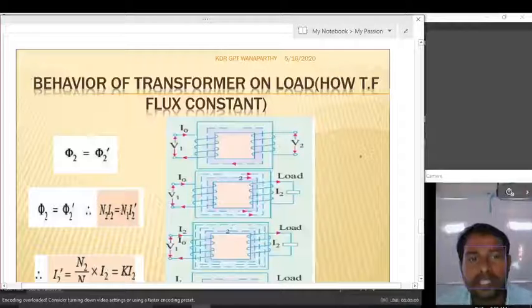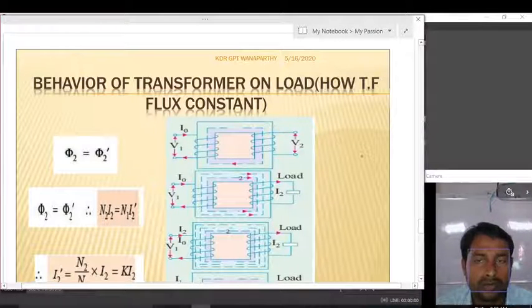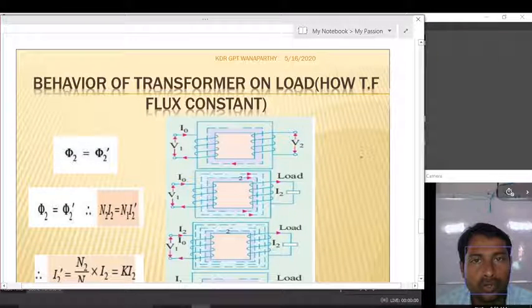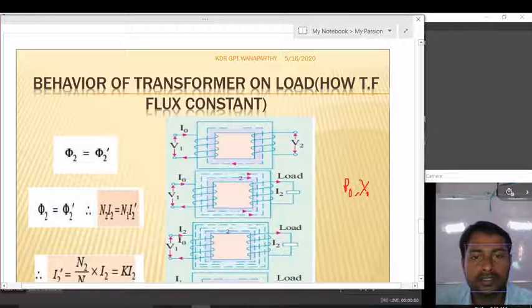The behavior of the transformer on load. In the previous session I discussed the behavior of the transformer on no load, the no load vector diagram, the no load equivalent circuit of a transformer, and the no load resistance and no load reactance, R naught, X naught, everything I discussed in the previous slides.